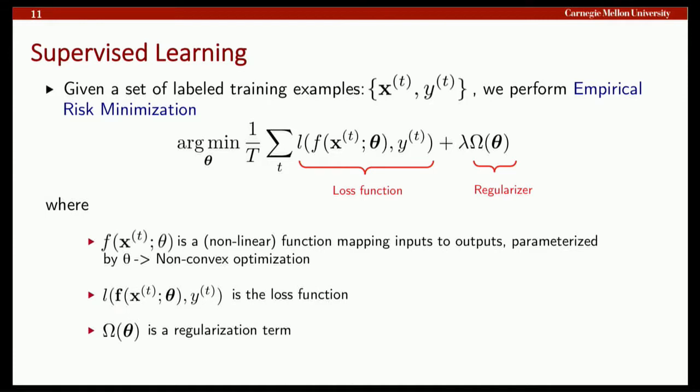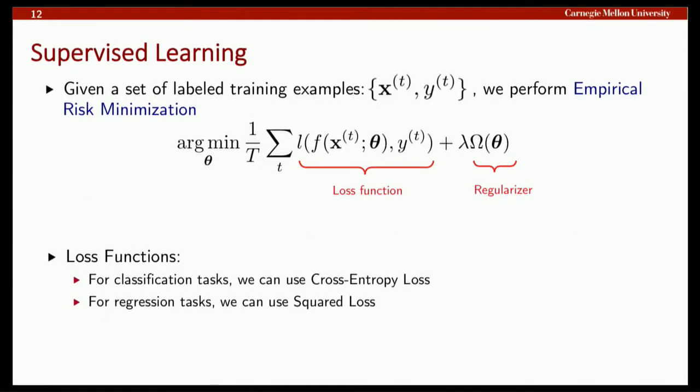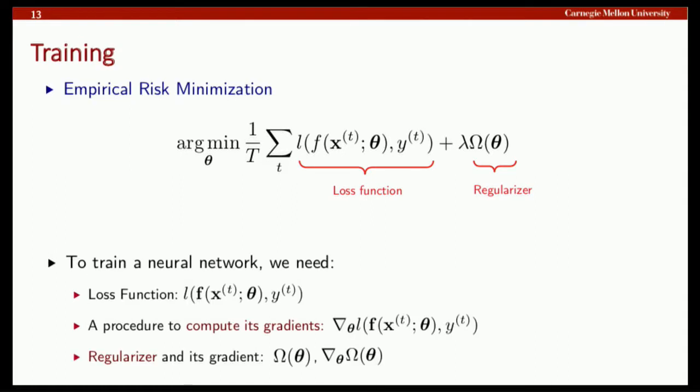Right, so how do we choose the loss functions? As I mentioned, for classification tasks, we're maybe going to use cross-entropy loss. It's a common thing to do. For regression tasks, we can use squared loss. And for other kinds of tasks, you can define your own loss functions. Now, to train our neural network, we basically need the following. As a modeler, you have to specify the loss function.